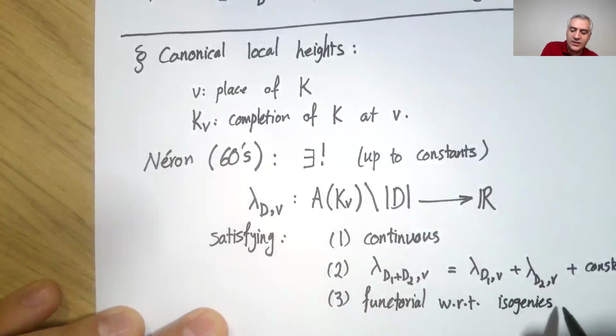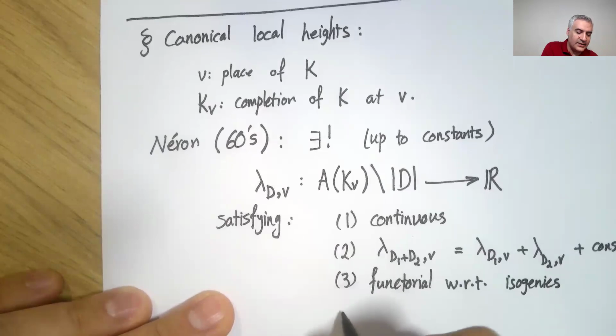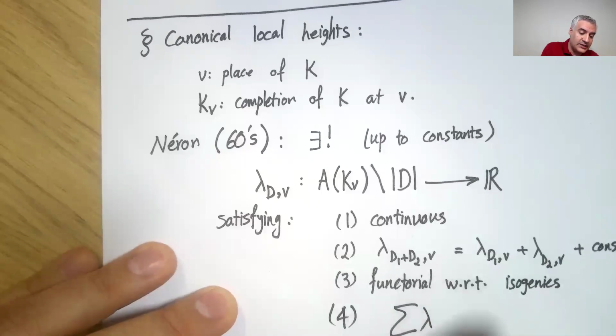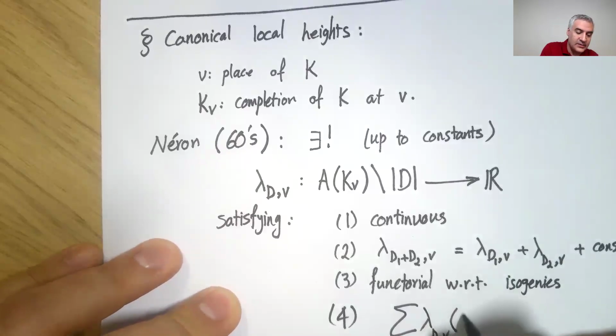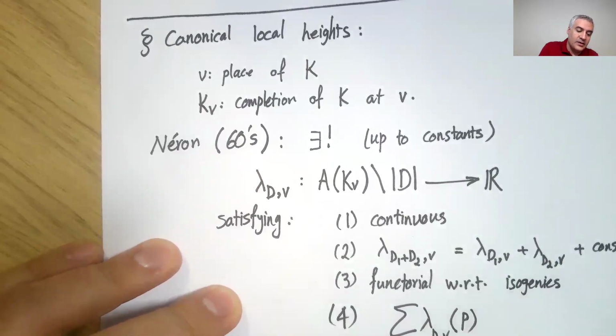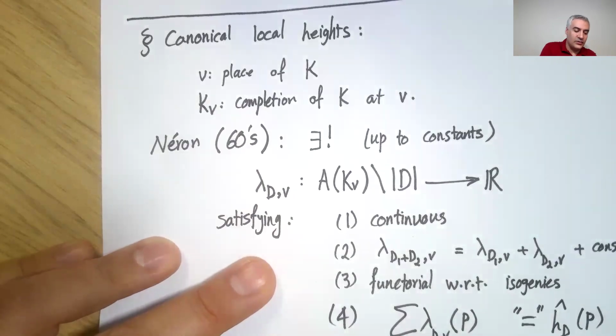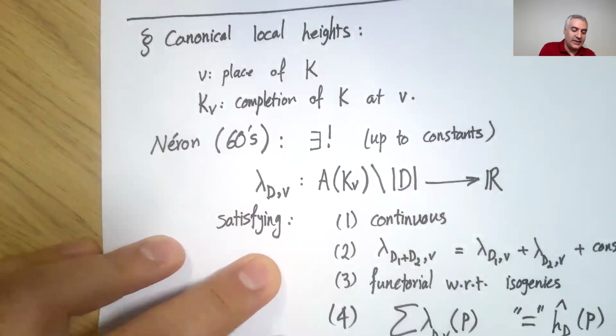And you can say a few more things, but the number 4 is essentially why I call it local. So if you add these lambda_{D,v} of a given point P, you essentially get, up to a constant, but that constant is kind of a known constant, if you add over all places.